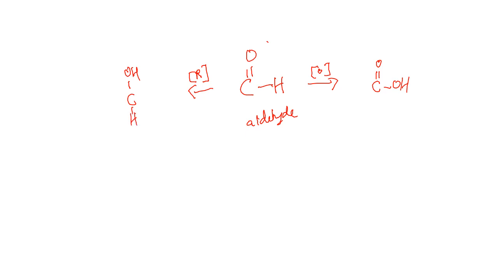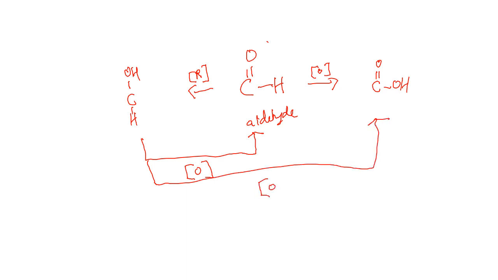So from alcohol it can oxidize, and from carbonyl it can go straight to carboxylic acid if we use a primary alcohol. So you have to be alert to the relationship between alcohol, carbonyl, and carboxylic acid. Alcohol can oxidize to become aldehyde. Secondary alcohol will form ketone. And then aldehyde can oxidize to become carboxylic acid, but ketone cannot oxidize to form carboxylic acid.